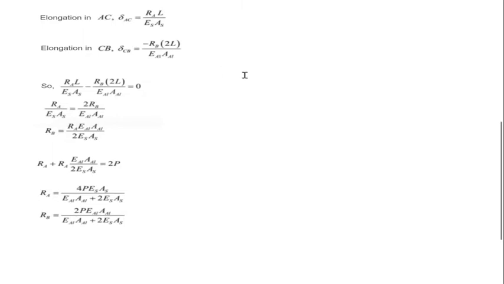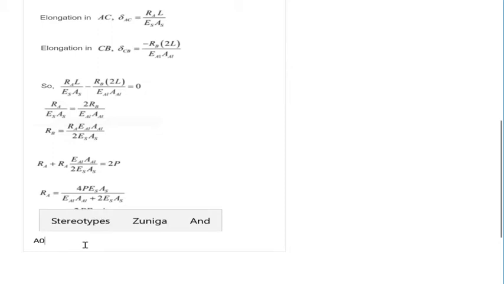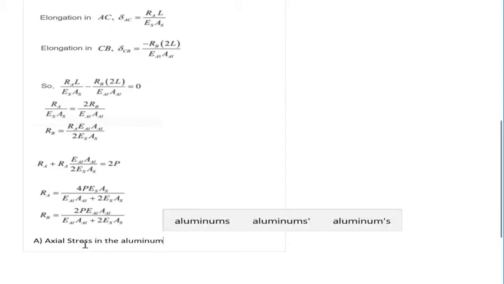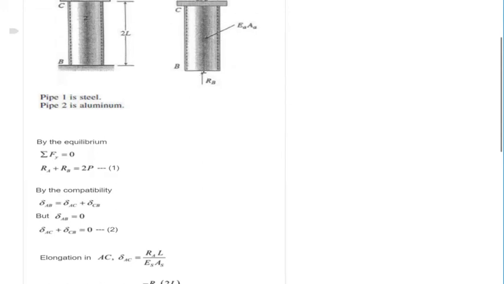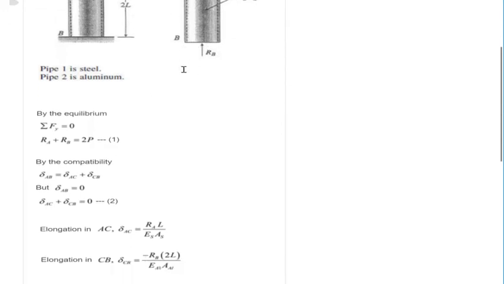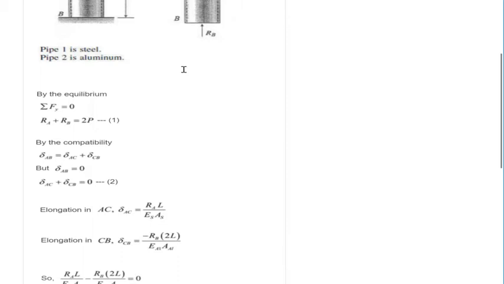Now we need to find the stress in the aluminum, the actual stress in the aluminum. That would be part A. In order to do that, we'll have to find the force that is acting on the aluminum, which, if we go to the graph, would be RB, divided by the area of the aluminum.